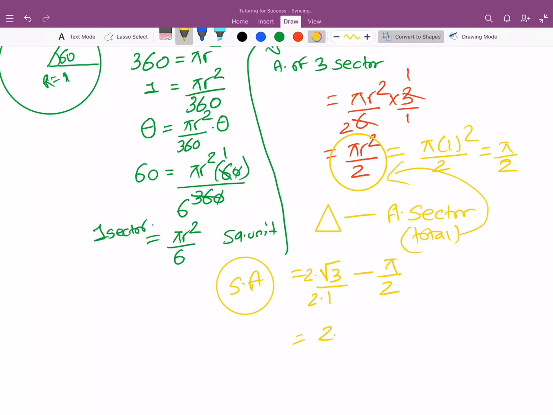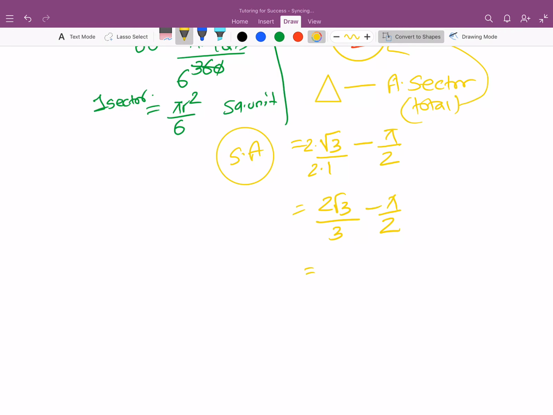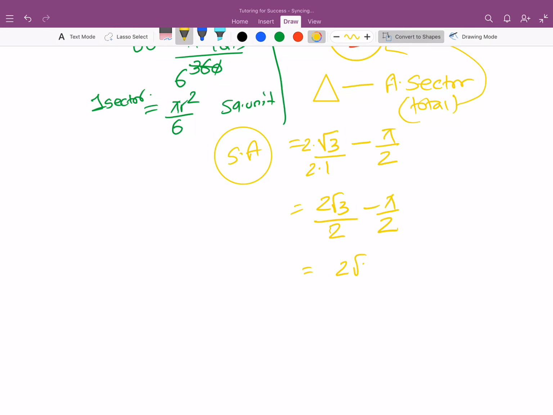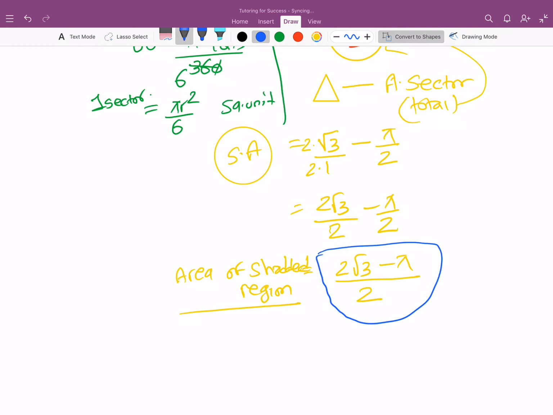So my new number is 2 radical 3 over 2 minus pi over 2. Oh, excuse me, this is 2. So it's 2 radical 3 minus pi over 2. And that is the area of the shaded region. So this is my area of the shaded region.